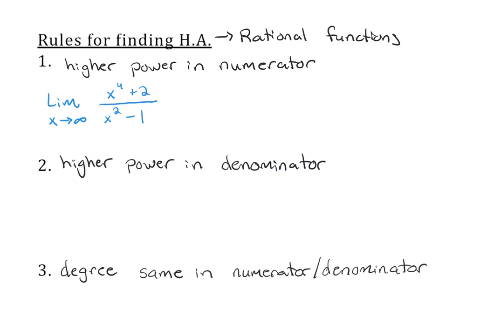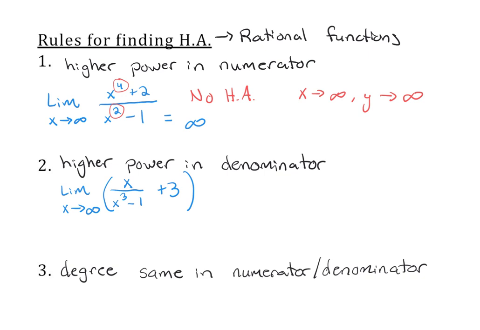Well, in this case, when the degree is higher in the numerator, there is no horizontal asymptote, because as x approaches infinity, y is also going to approach infinity. So the first example doesn't actually have a horizontal asymptote, and the answer is infinity.